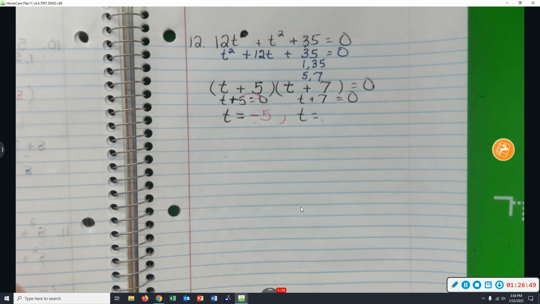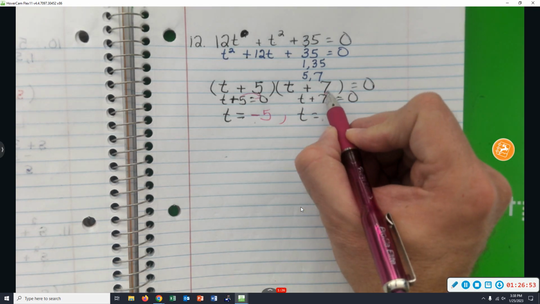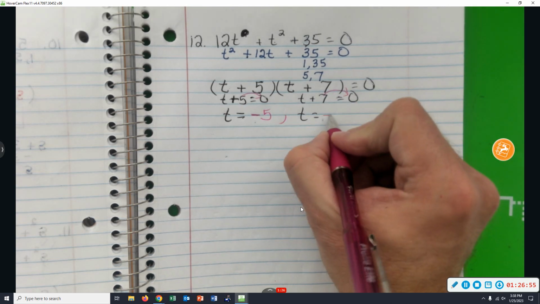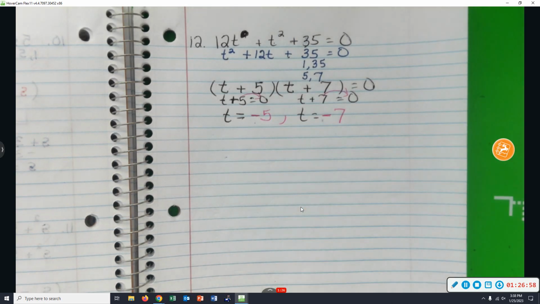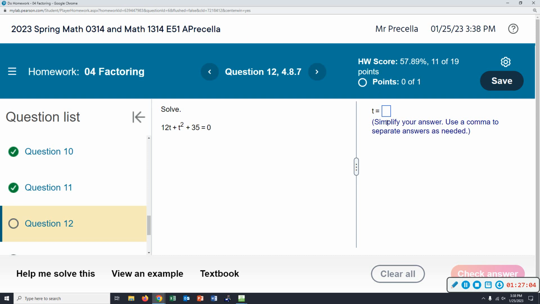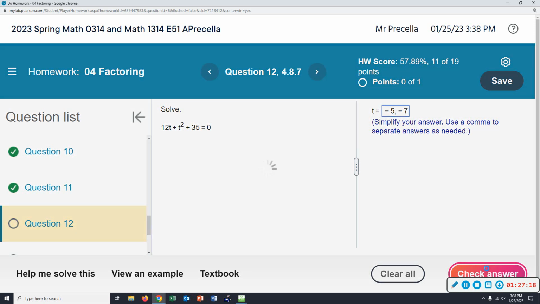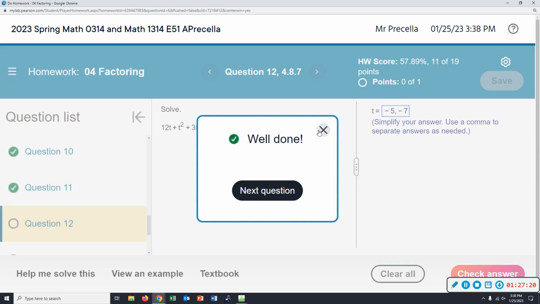And because order doesn't matter, so a negative 5 and a negative 7. So negative 5 and negative 7. Negative 5, comma, negative 7, or negative 7, comma, negative 5, however you want to do it.